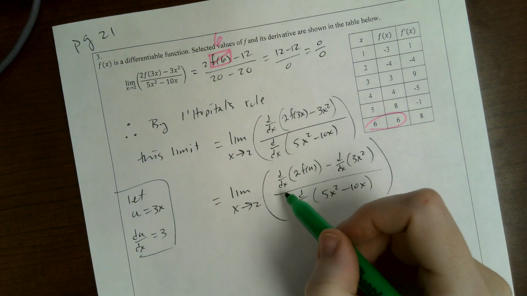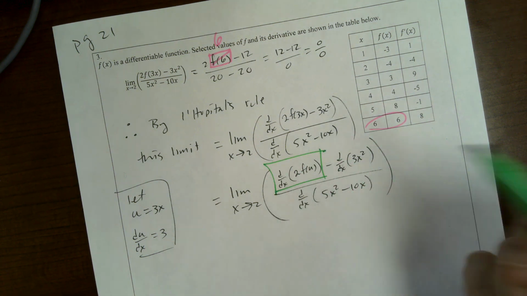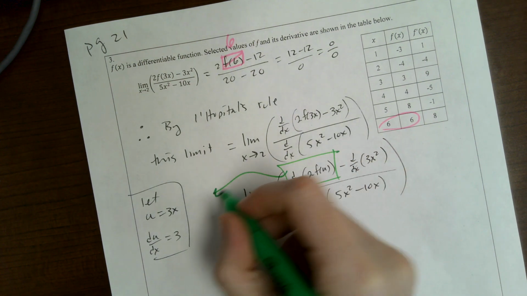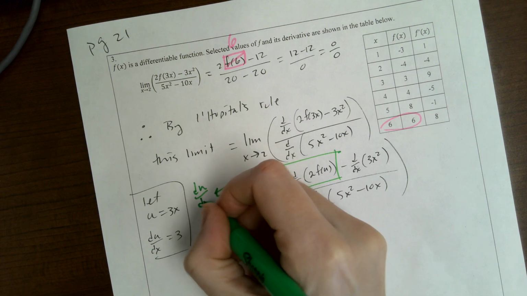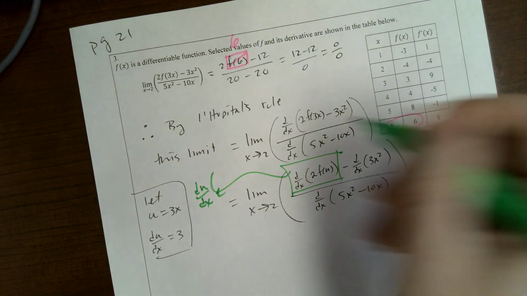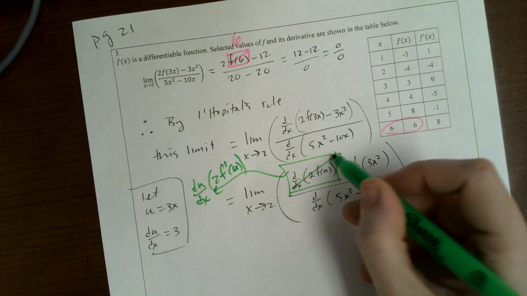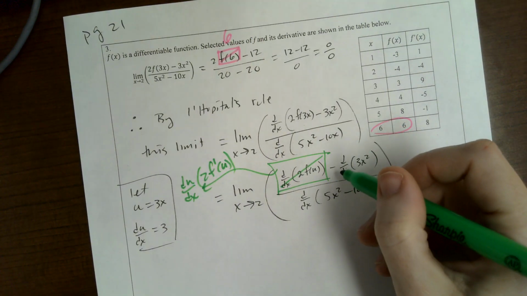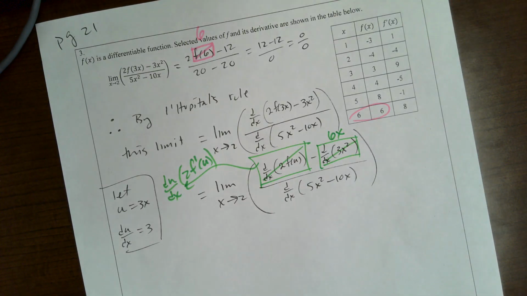So up top, that is a one-step with chain rule. It's du/dx times 2f prime of u. Right, that's what that whole thing is. And then this one here, that term is just 6x.